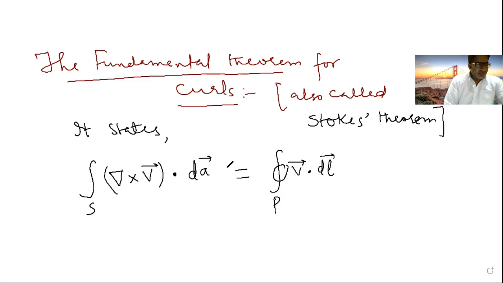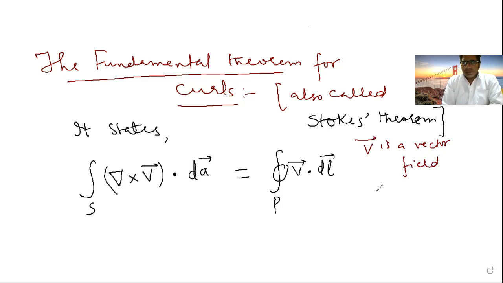So V is some vector field, right? And this del cross V is called the curl of V, right?